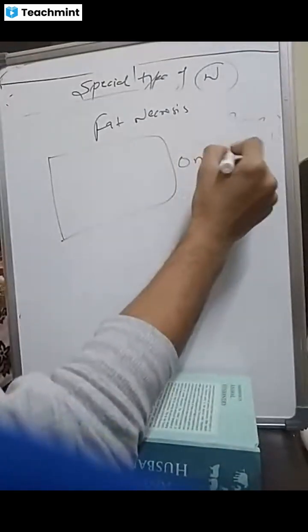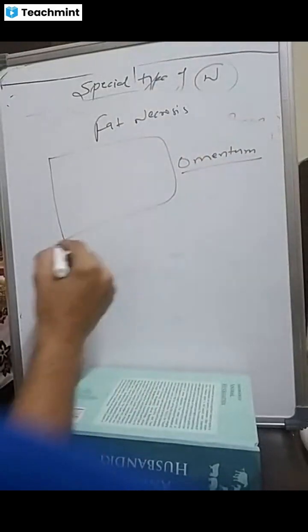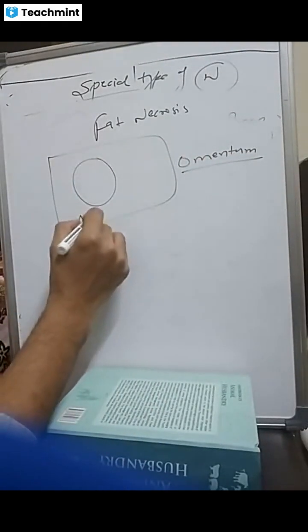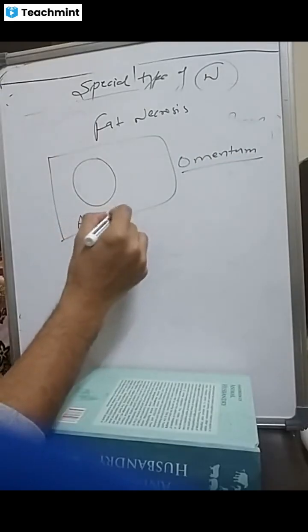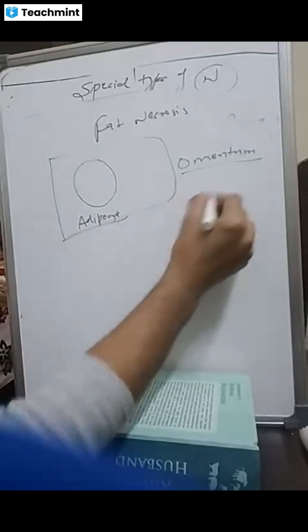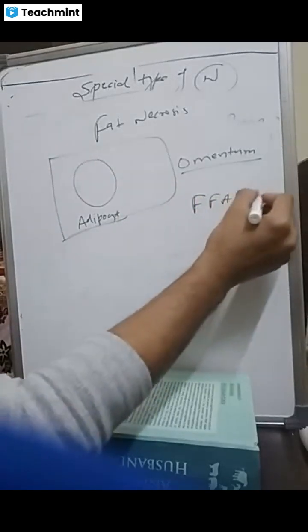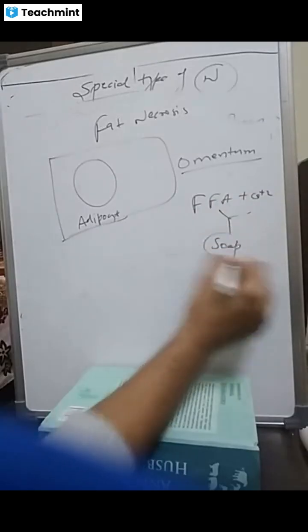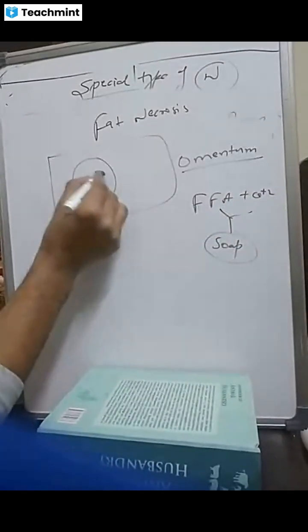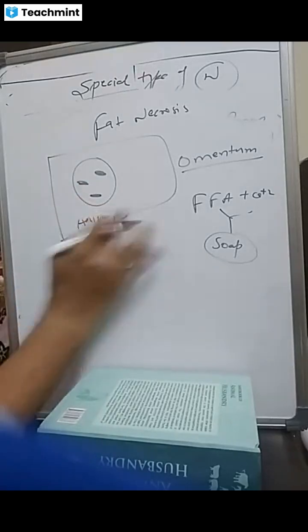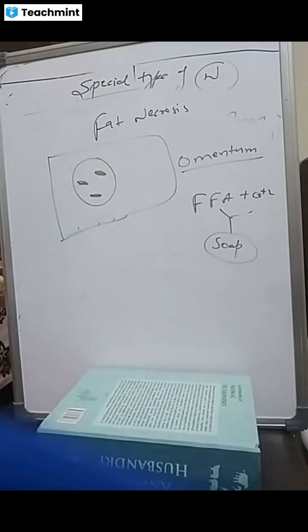This structure is omentum and this is the adipocyte in which free fatty acid combines with the calcium and it forms the soap. So this is the deposition.